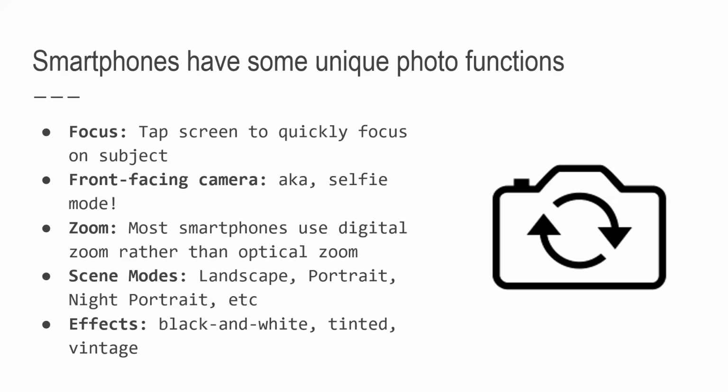Portrait mode has gotten to be really more of a household term than it was a few years ago, because iPhones introduced portrait mode into theirs as well. So if you open up your camera app and see portrait, this is exactly what Stephanie was talking about when she was mentioning depth of field earlier.